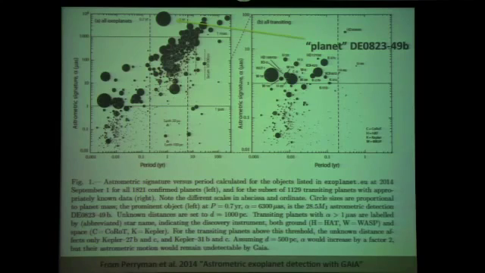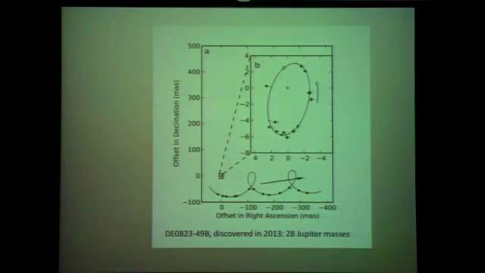That's up there at 10 to the 4th at the top of that diagram. 10 to the 4th micro arc seconds, which would be 1/100th of a second of arc. That's a very tiny angle. And it's at 1 year. That's this object. It's an object with 28 Jupiter masses.